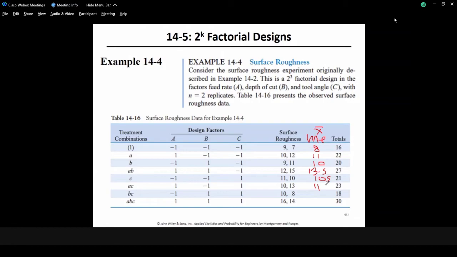I want to show you another method. 9 and 15. Okay, this is the mean. Remember A negative.